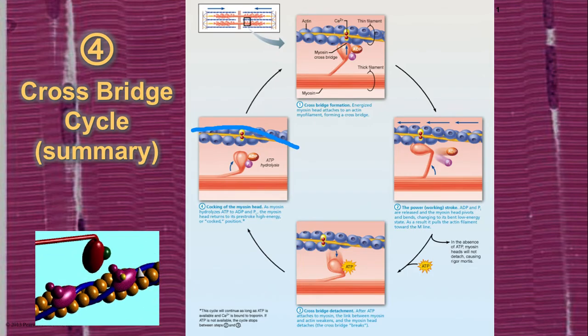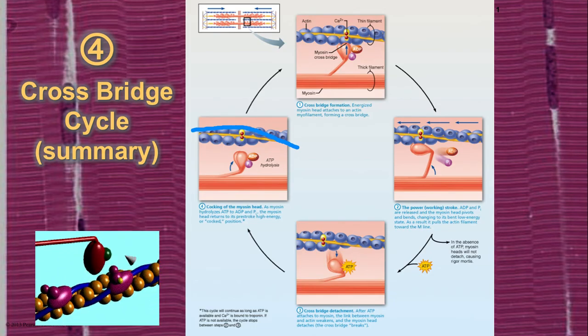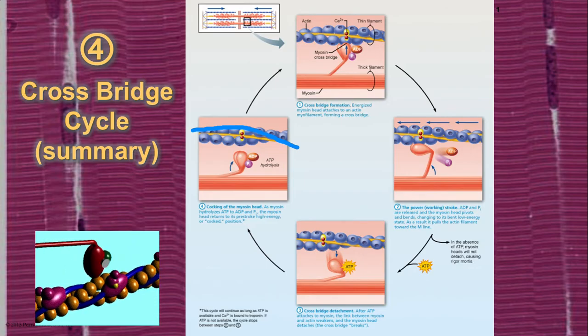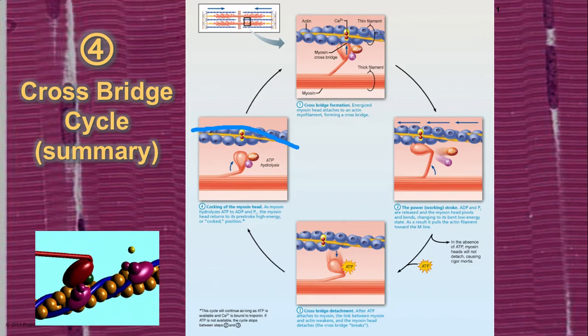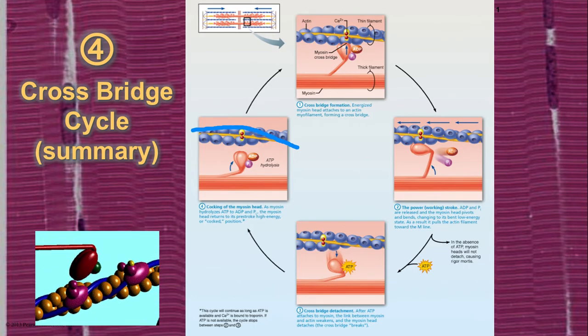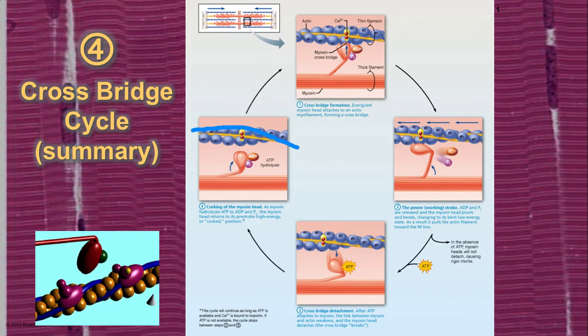So as long as that tropomyosin is sitting there, the myosin can't bind. But when calcium comes into the cell, because it has gotten the signal from the nervous system, it causes that tropomyosin to shift down to here. And then you've got those spots open where the myosin can bind.